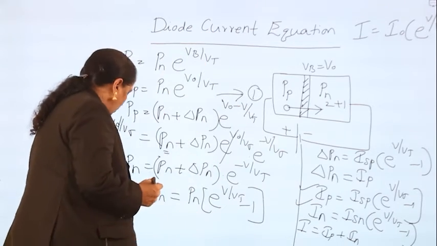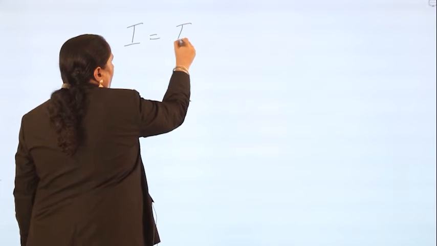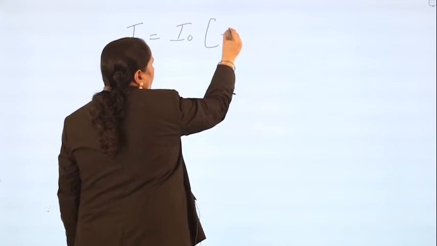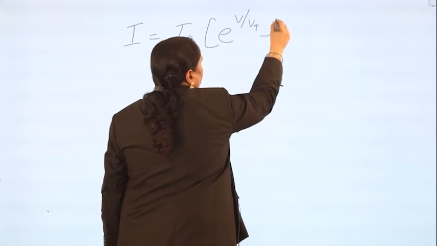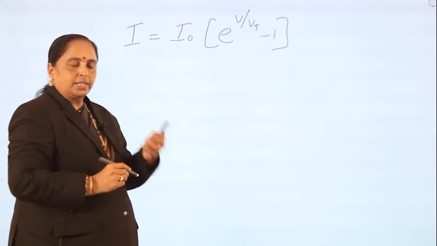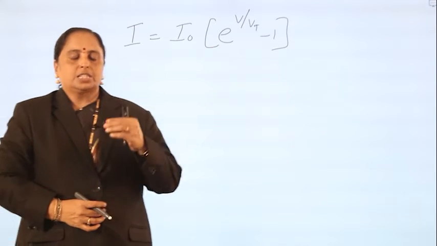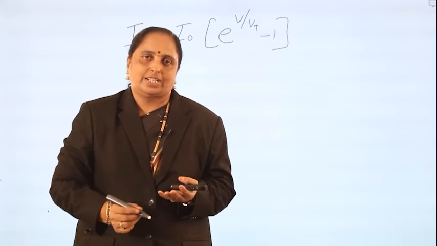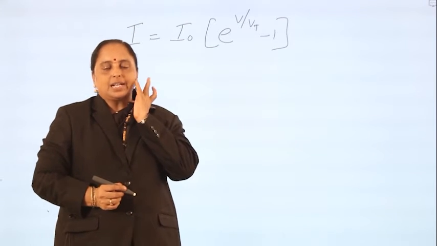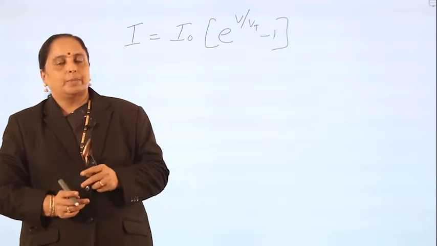Now let us move to the expression for diode current: I is equal to I naught into e to the power of V by Vt minus 1. This is known as the diode current equation, but this equation must be common to all types of semiconductor devices, isn't it? So you cannot limit this equation to only germanium or only silicon or some other material.